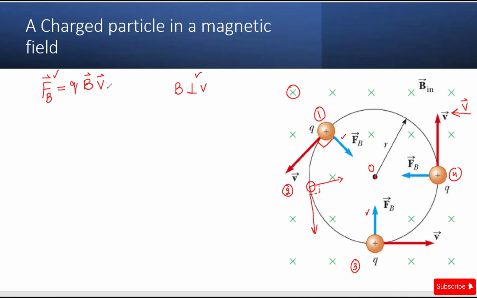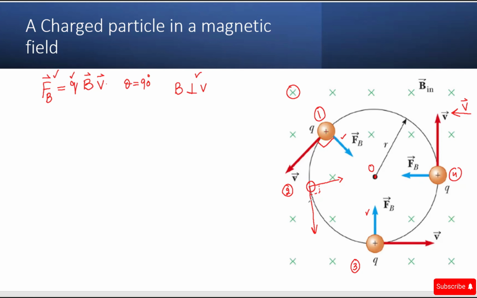So what does this mean? If we have a charged particle q moving with velocity v, and it enters at 90 degrees to the magnetic flux density B, then this charged particle will be moving in a circle. And remember, although a force is working on this charged particle, it does not get extra energy.